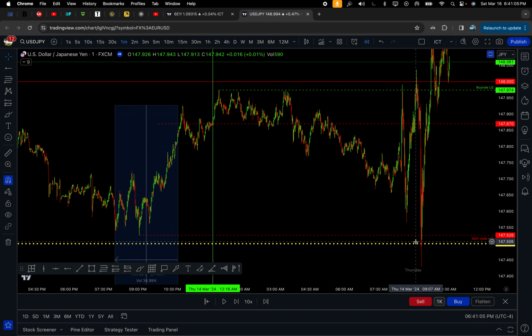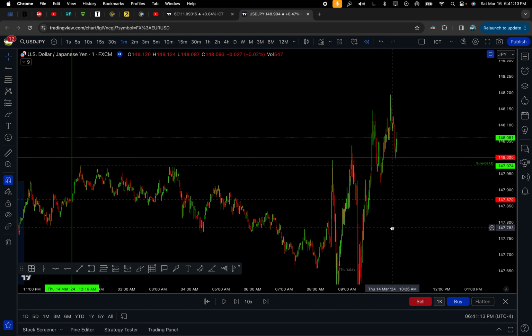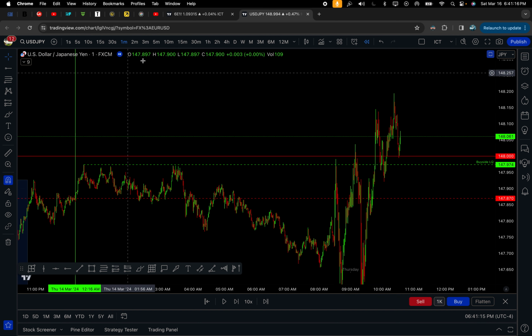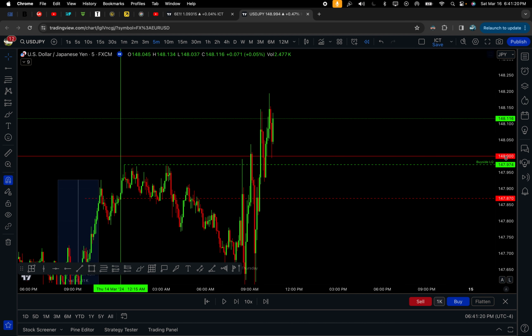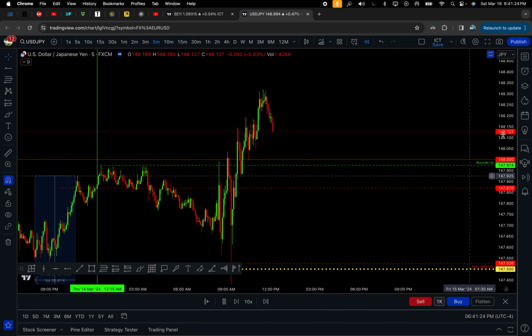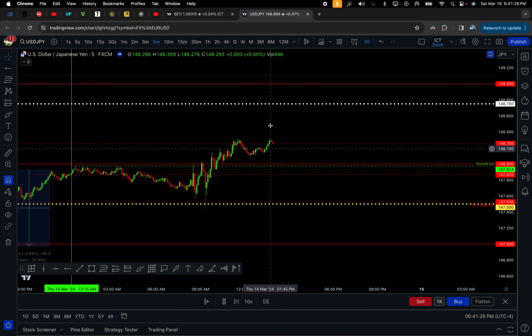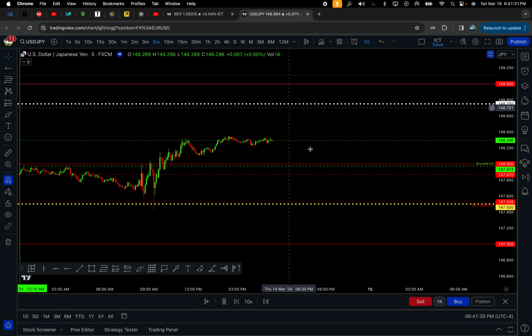I'm trying to think what was the news on Thursday, 9 o'clock. And then, I think it kept going higher. Probably headed up to this level right here. Probably see a reaction off of this level and then back down.